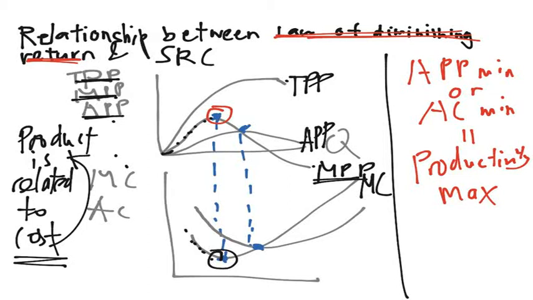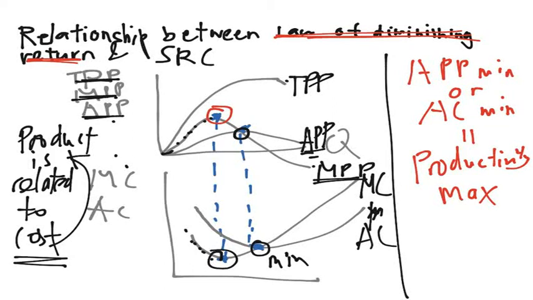Okay. Second thing is, you notice that when the marginal physical product cuts the average physical product curve, it is at its maximum. Same goes to the cost curve. When the marginal cost cuts the average cost here, it is also at its minimum. Okay.